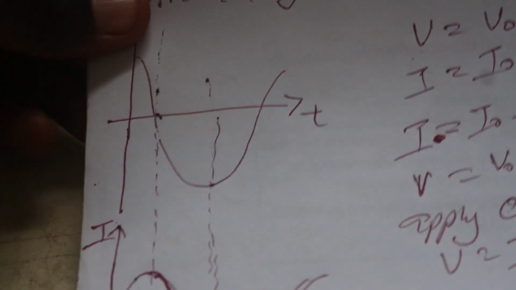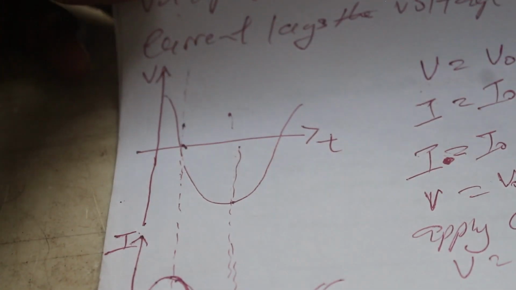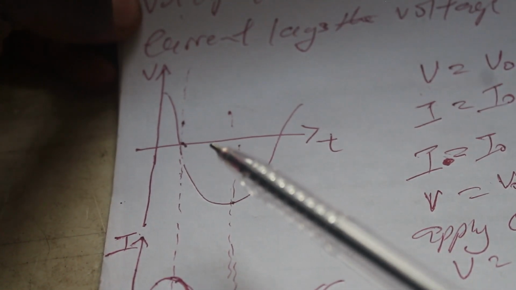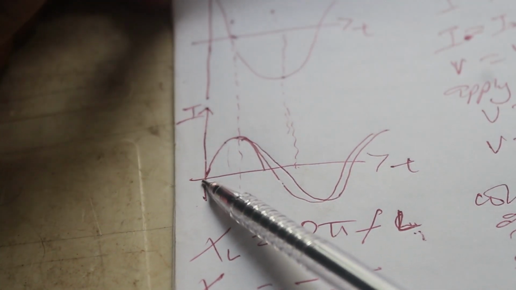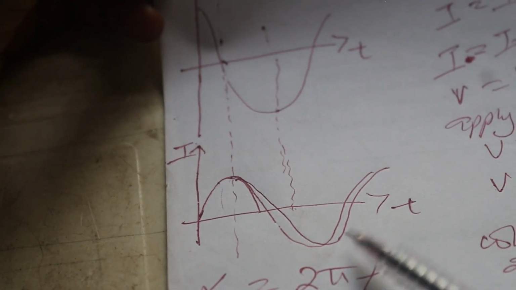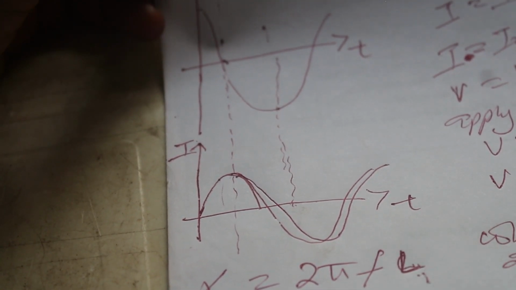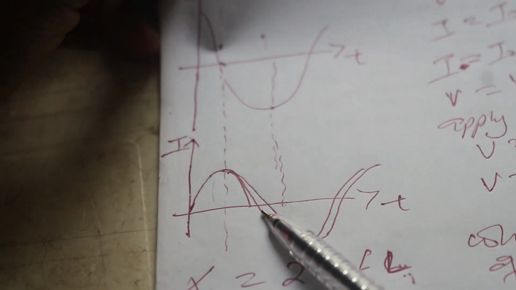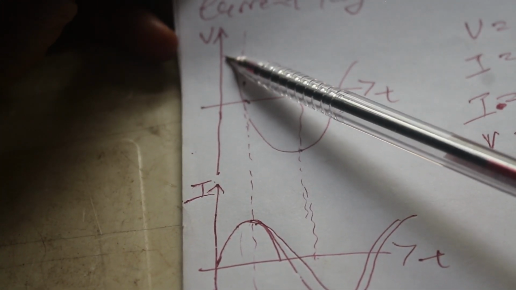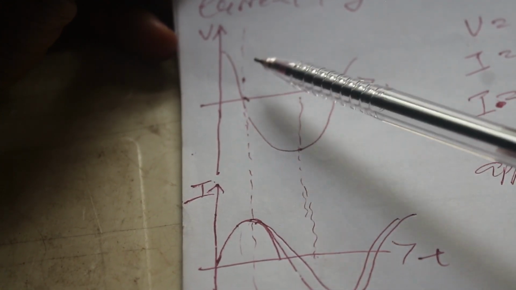So if you plot the instantaneous voltage in an AC circuit containing an inductor, you get something like this. And if you do the same thing for instantaneous current in such a circuit, you're also going to get something like this, where, as you can see, the voltage will lead the current by a quarter of a cycle.